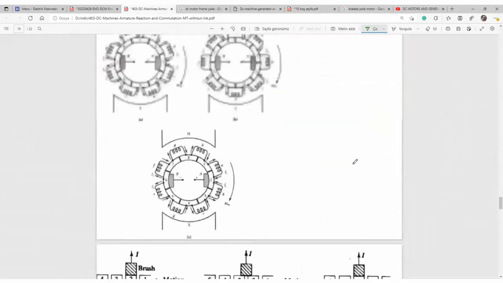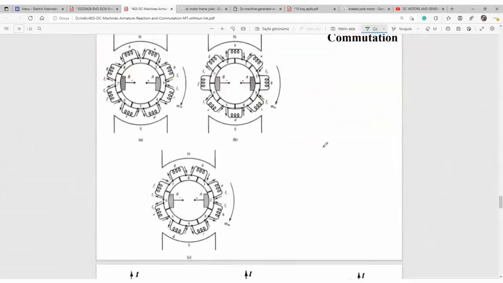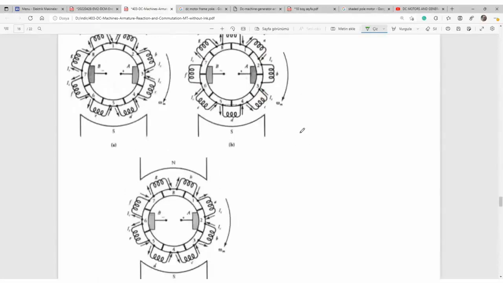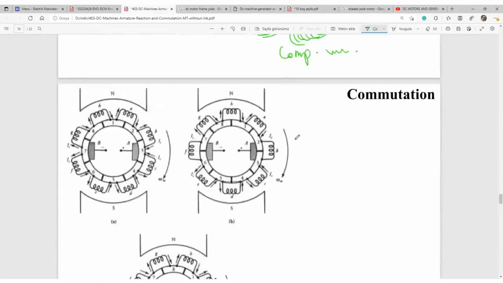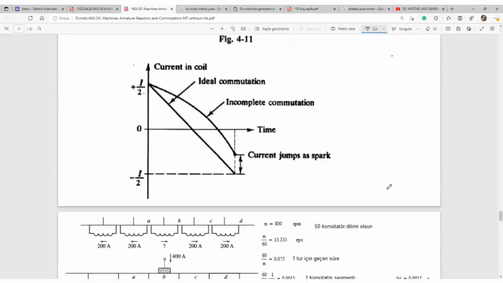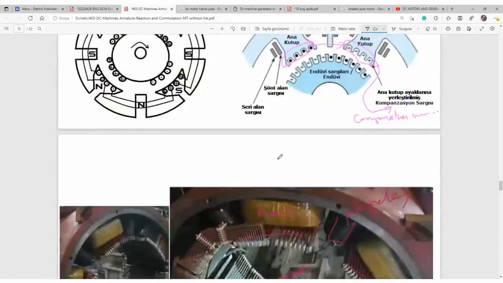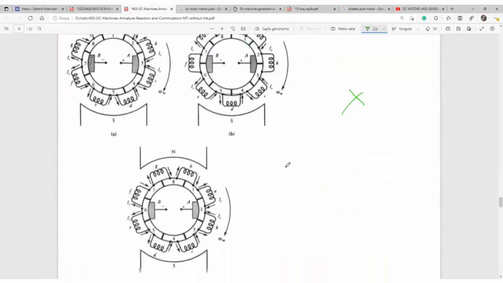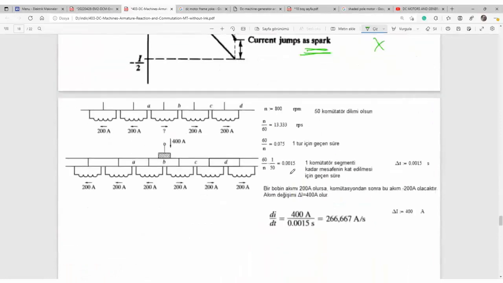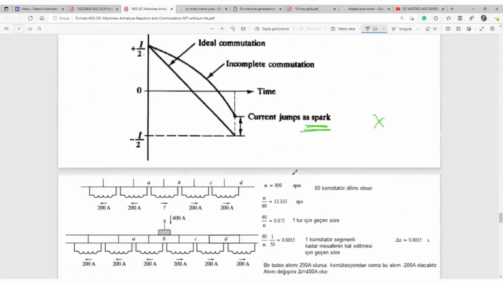And this topic, I will say a few things later, but it is not important. I will not enter deeply. That is the problem causing spark. So if you make good remedies, good designs to overcome armature reaction, major issues will be solved for commutation.